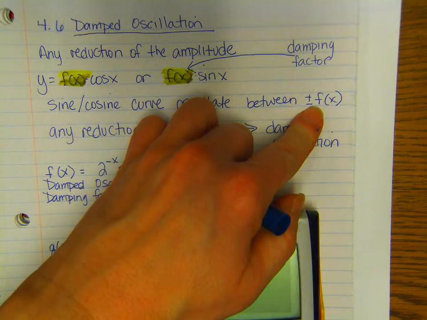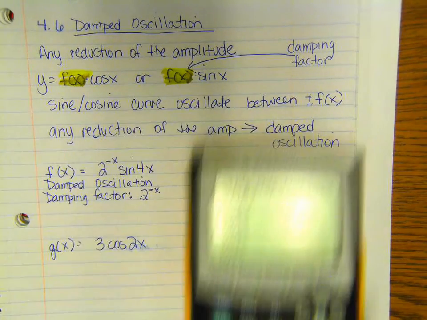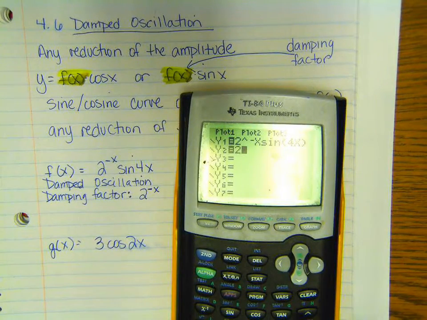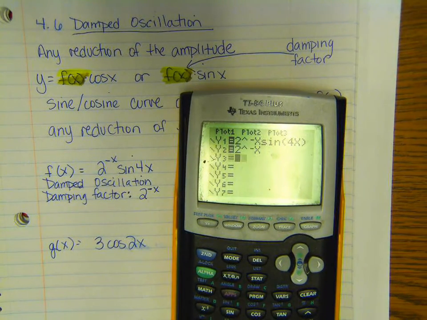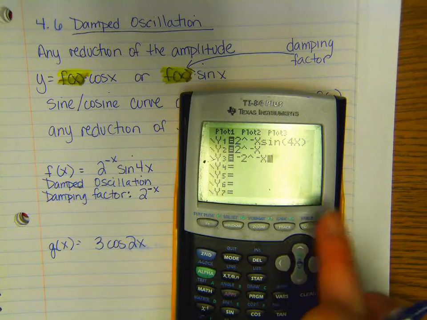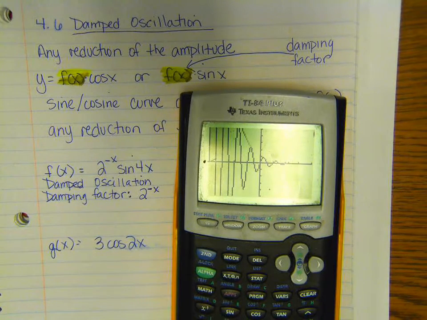Watch. 2 to the negative x and negative 2 to the negative x. Do you see how the amplitude never goes above and below those two things? So that's why it's called its damping factor.